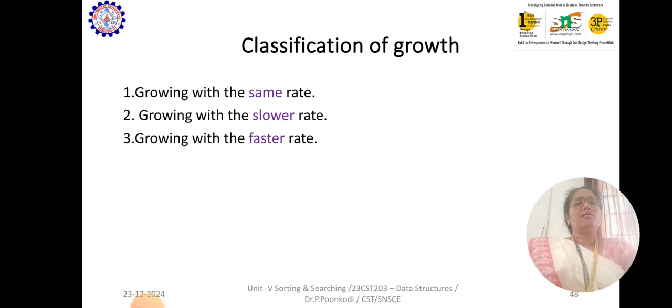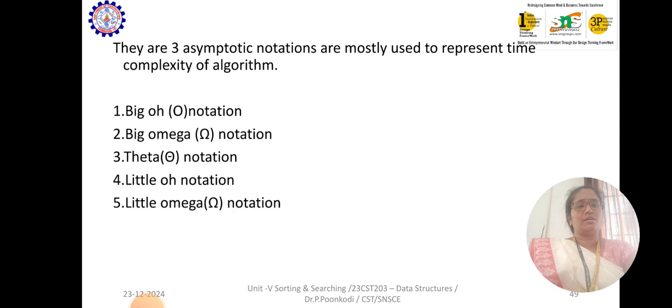If growing at the same rate, it is called big O notation. Slower is omega notation, and faster is theta notation. This categorizes algorithms based on the best case and the average case.